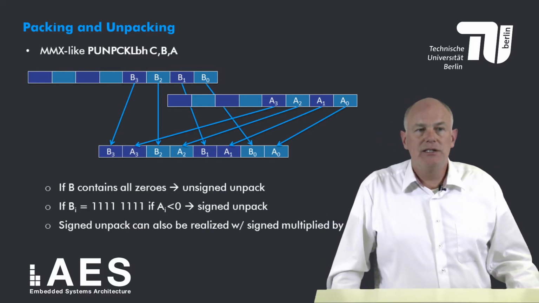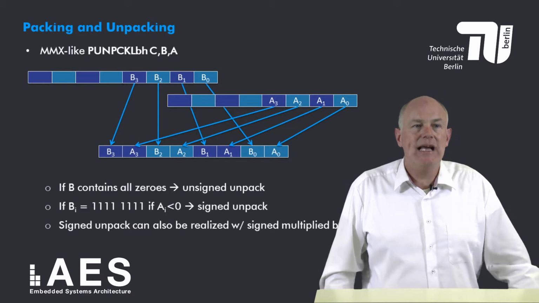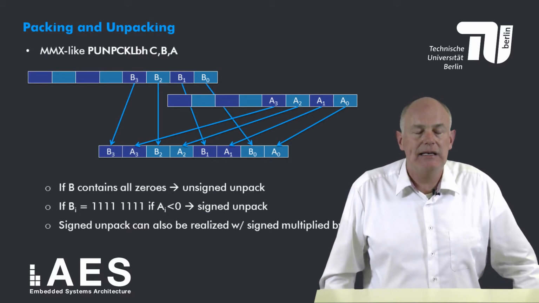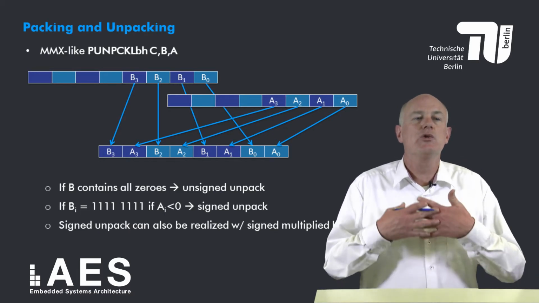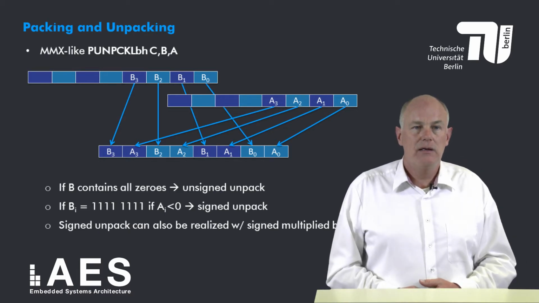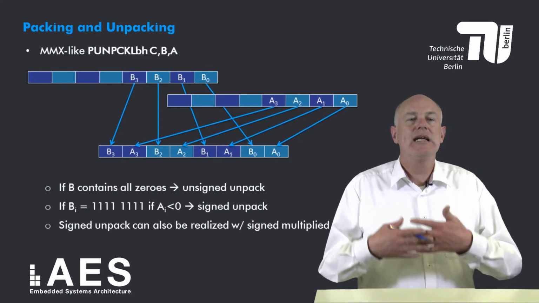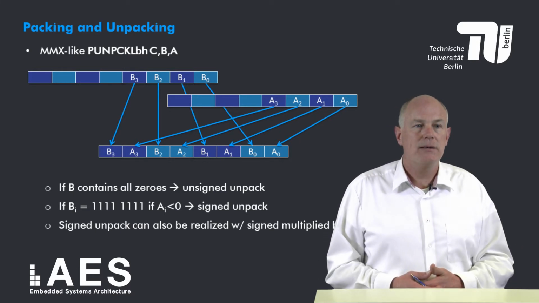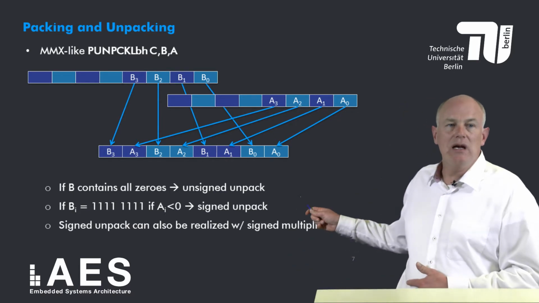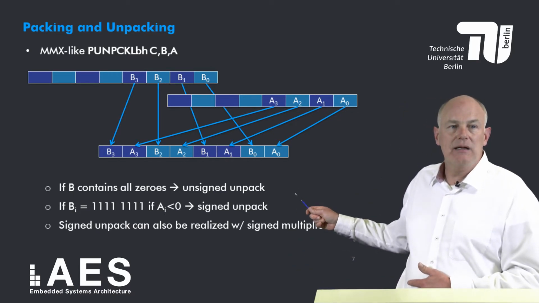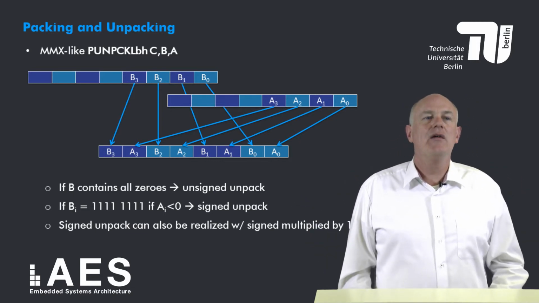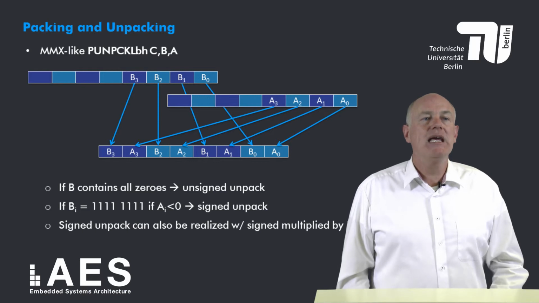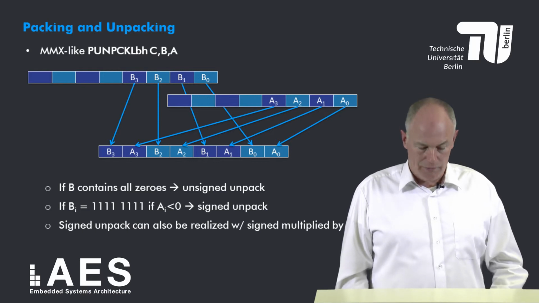If B contains all ones and element Ai is less than 0, then it corresponds to signed unpacking, because the sign bit is copied into the free spaces. Signed unpack can also be realized by multiplication by 1, which is a trick available if there is no punpack low byte to half word instruction available.